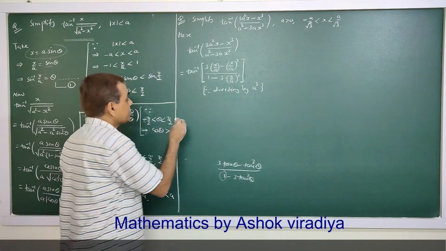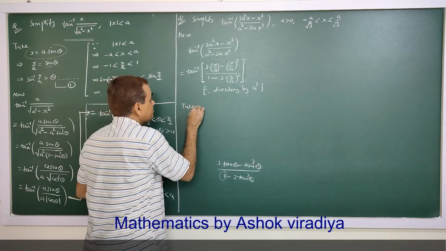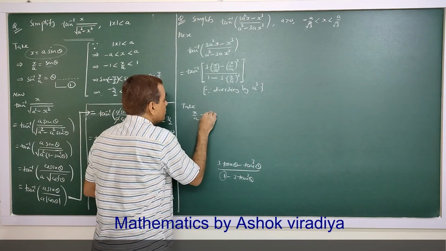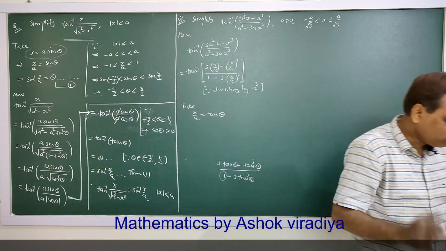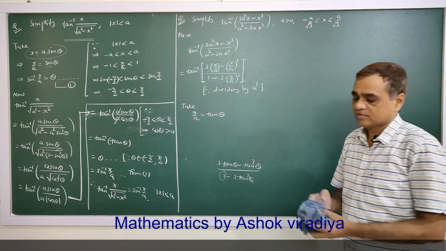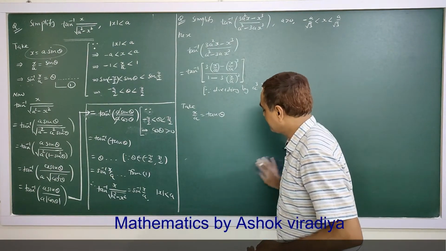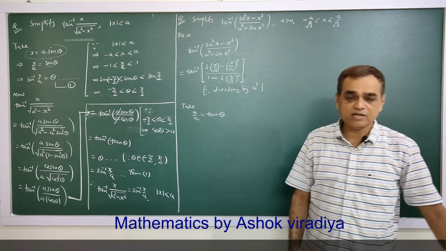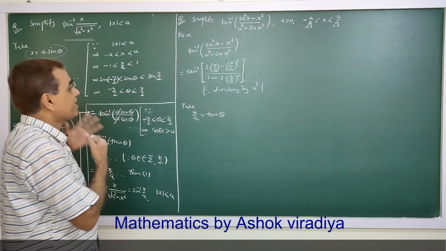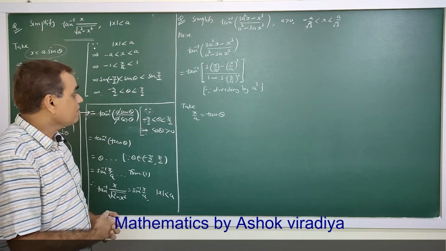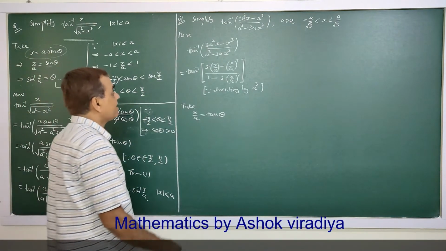So in this expression we are taking x by a equal to tan theta. This is the way to substitute. So always try to find the hidden part, the hidden expression of a trigonometric formula, in every such trigonometric function. X by a is tan theta.